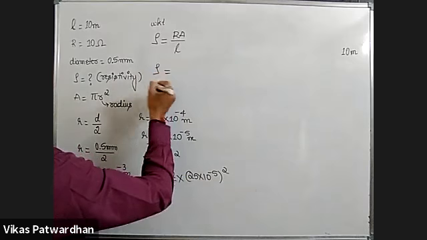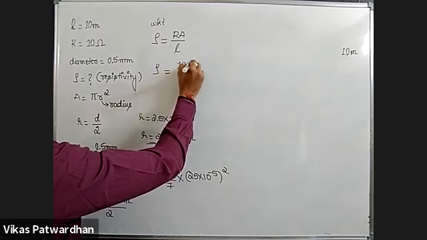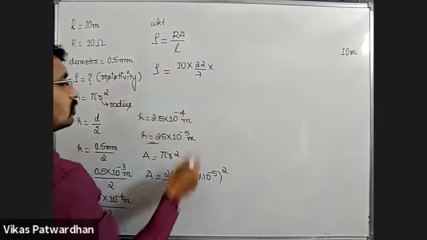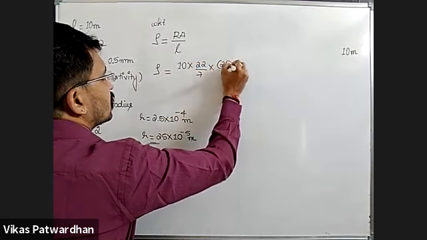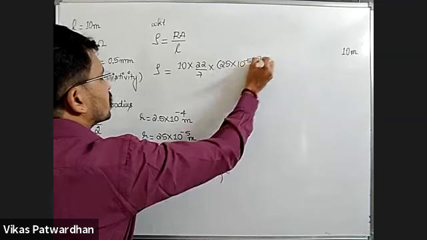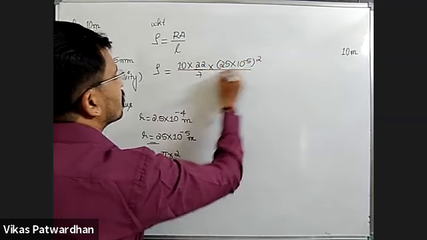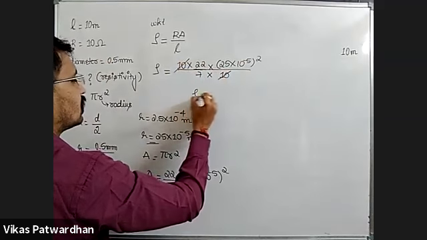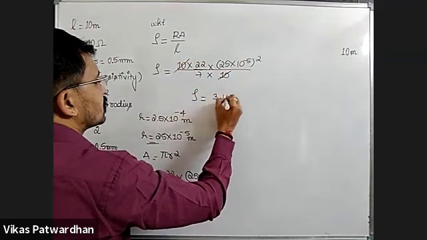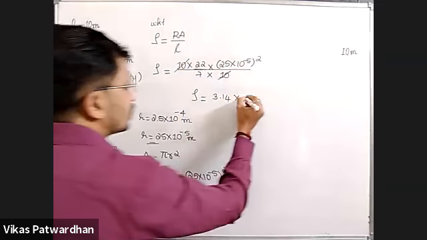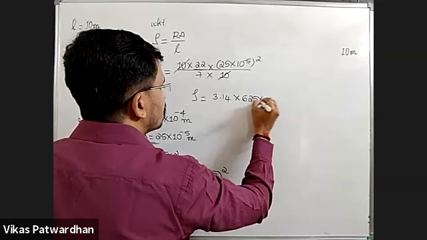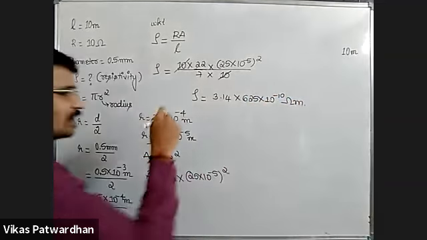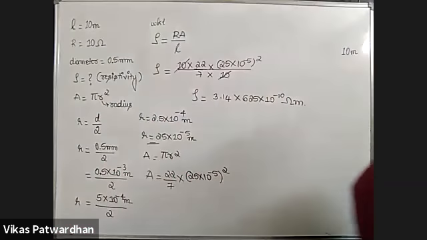So rho is equal to R, 10, into 22 by 7 into 25 into 10 power minus 5 the whole square divided by length. Length is 10. 10 and 10 cancel. 22 by 7 is 3.14. 25 square is 625 into 10 to the power of minus 10 ohm meter. So multiply this, whatever value you get, that's your final answer.